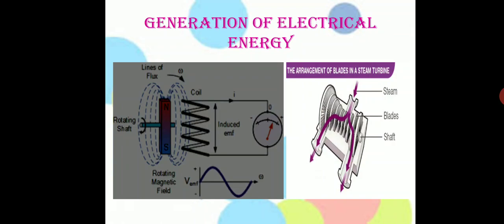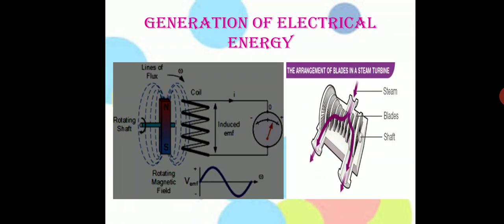Such large generators are used in commercial power generation plants. A turbine is used to rotate the magnet in the generator. A turbine has blades. When a flow of liquid or gas is directed on the blades of the turbine, it rotates, as here you can see in the second diagram, because of the kinetic energy of the flow.